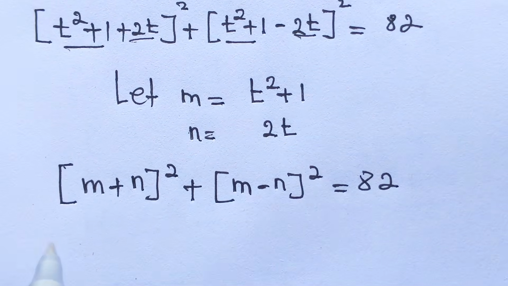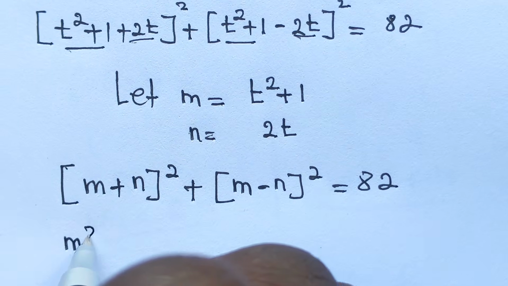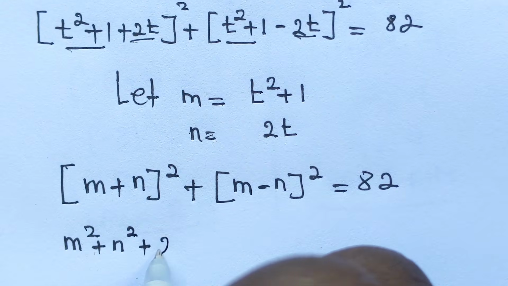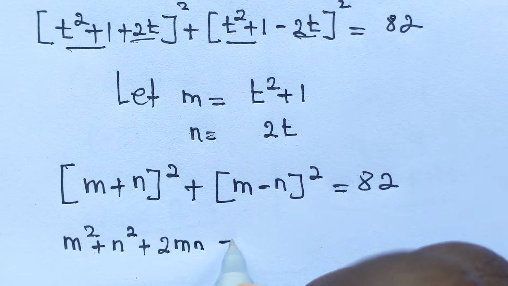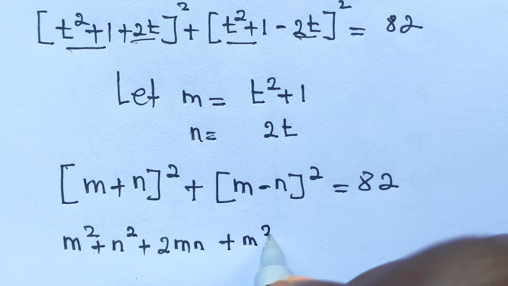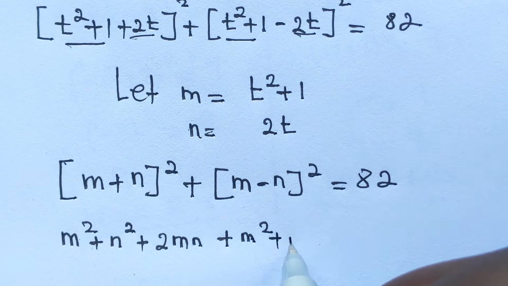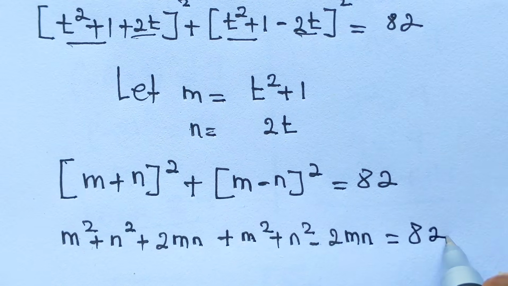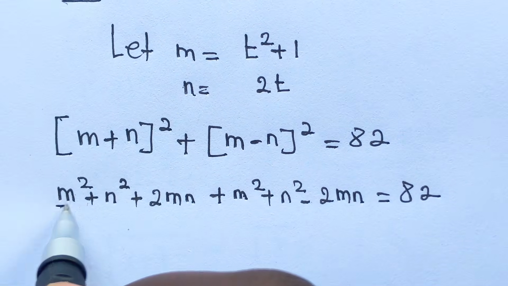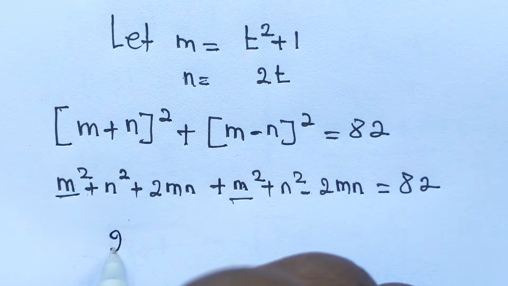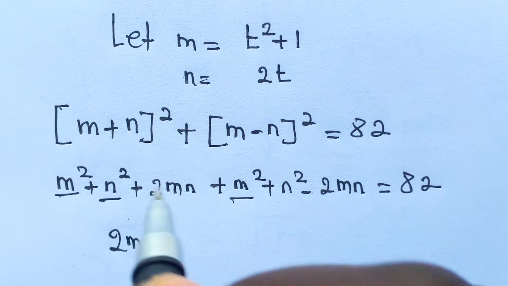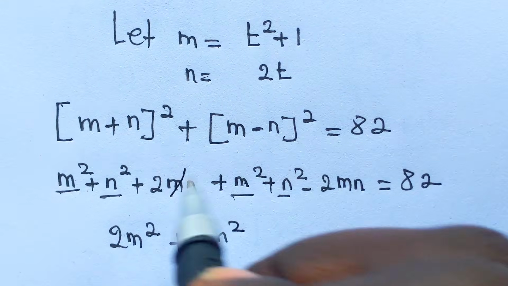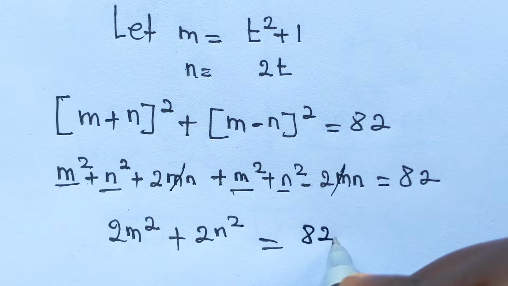By expanding, m squared plus n squared plus 2mn plus m squared plus n squared minus 2mn equals 82. The 2mn terms cancel to get 2m squared plus 2n squared equals 82.